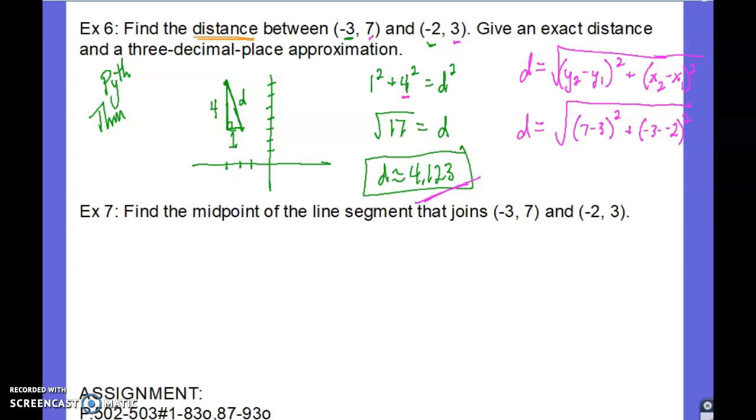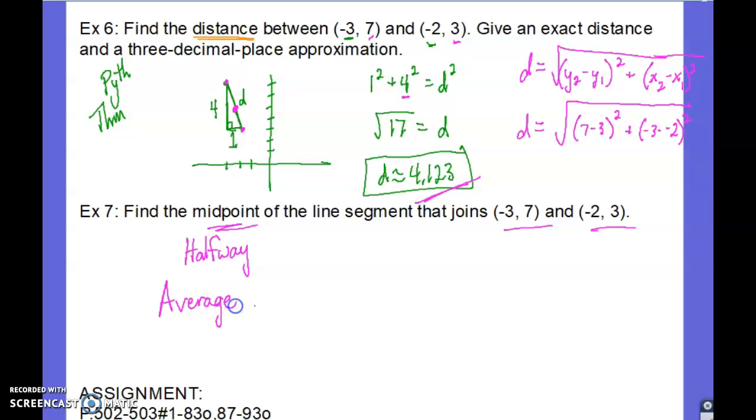And along the same lines, this is the same picture, by the way, because it's the midpoint of this line segment. So basically what it boils down to is we want what's in the middle of these two endpoints. Now when I think of midpoint, I think of halfway, directly in the middle. In other words, it's the average.